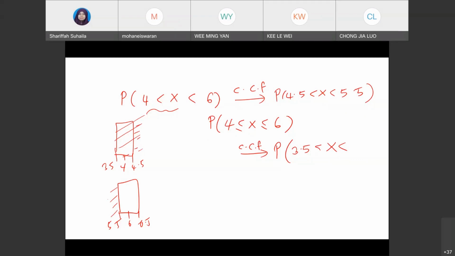Daripada atas ke bawah lah, less than equals to 6. So you have 6.5. Okay, so just check whether you have equality signs ataupun tak ada. Itu je. Okay, tengok dia. Tapi once dekat sini, nak letak equality ke tak nak letak tak depends. Okay, bergantunglah. Okay, sebab kita nak standardize je. Kita nak baca taburan normal dah. Okay, tak ada apa-apa efek lah. Yang first part tu saja. Okay, so that is your continuity correction factor.